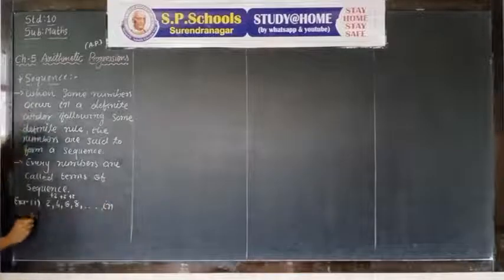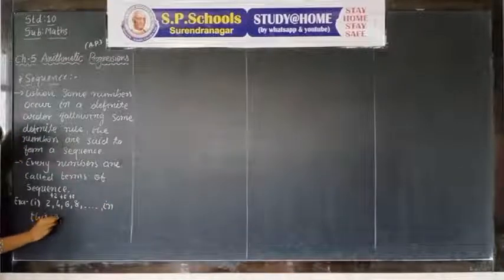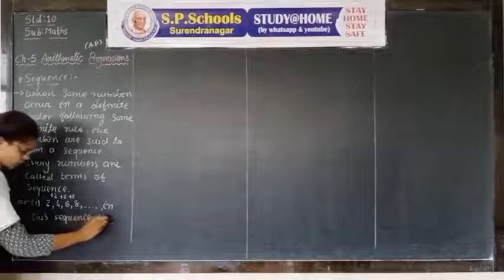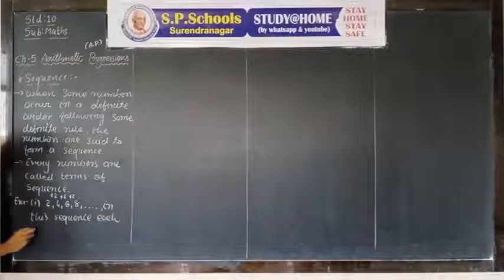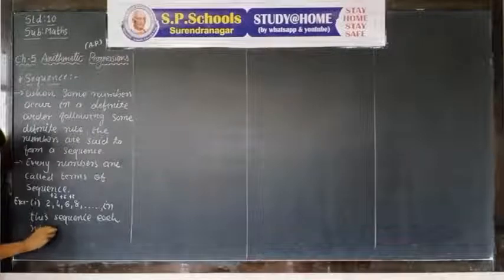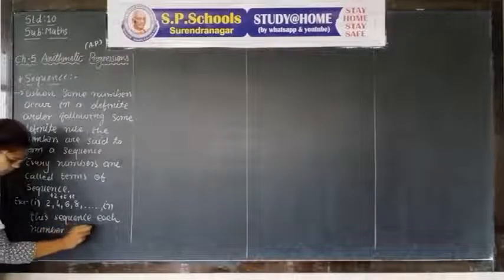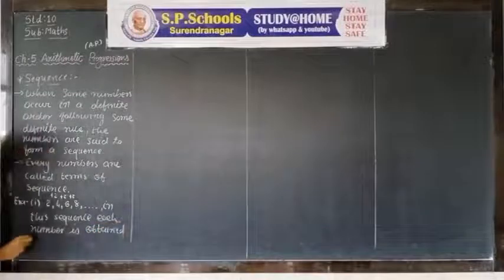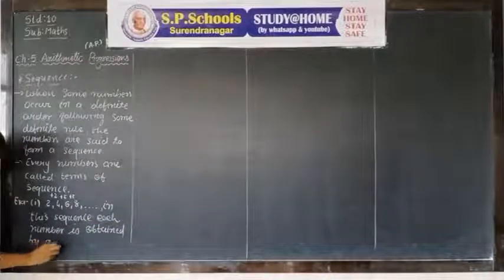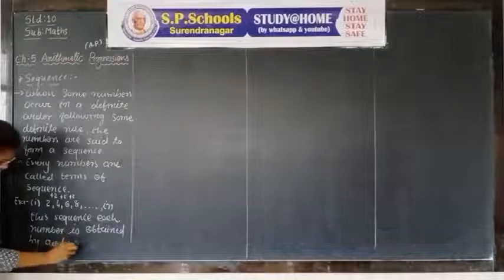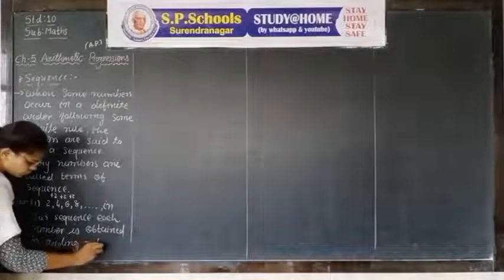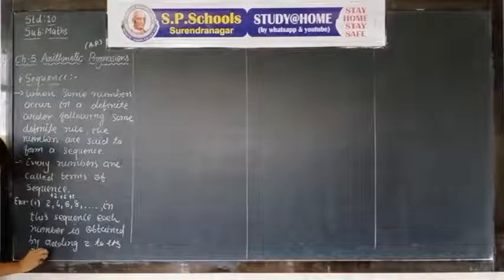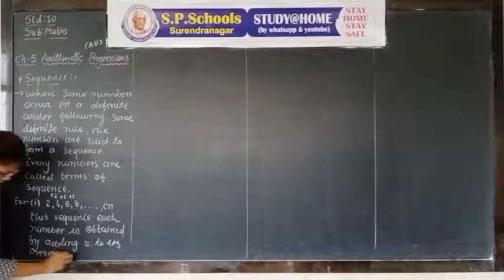In this sequence, each number is obtained by adding 2 to its previous term.